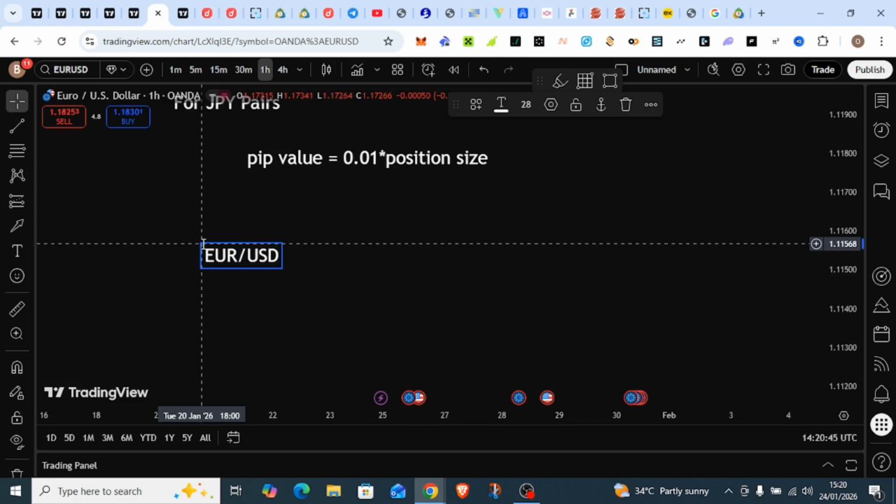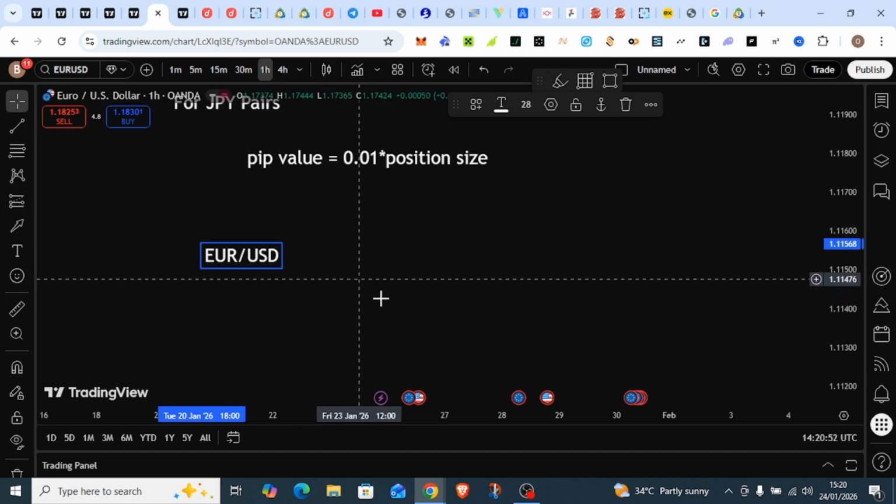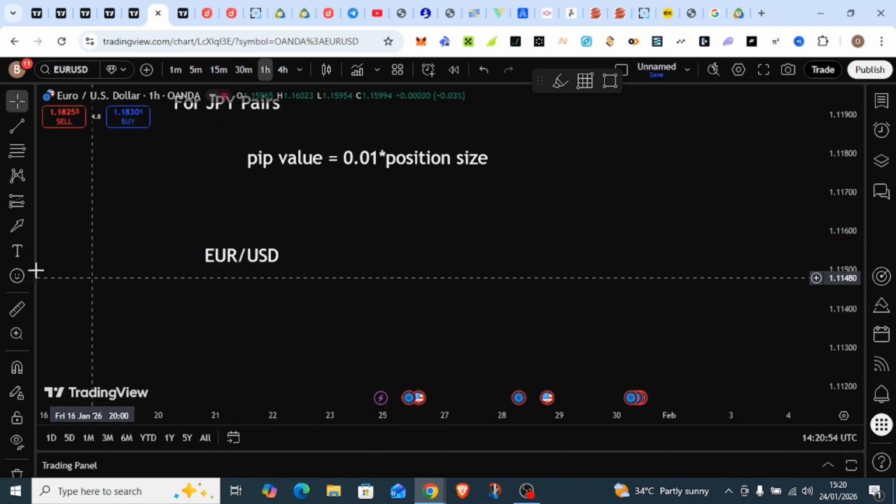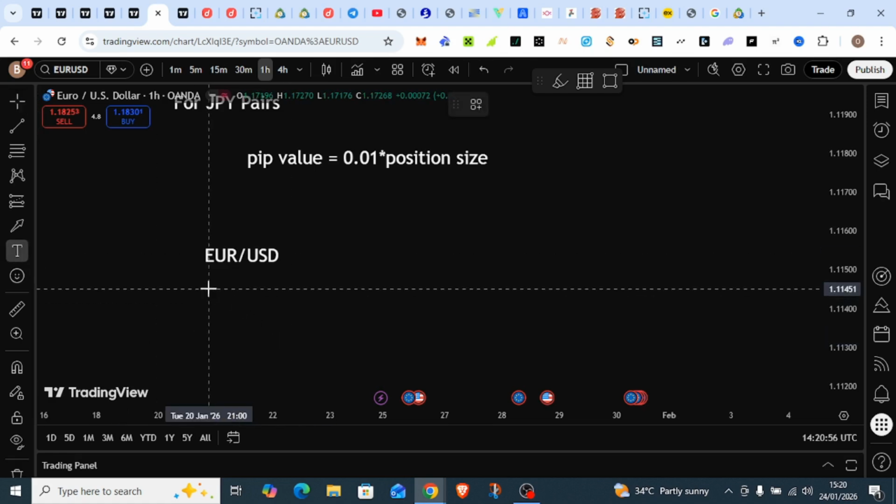Conditions: number one, account is in USD. Let's state it clearly. Account is in USD, and let's use that same example of one standard lot.